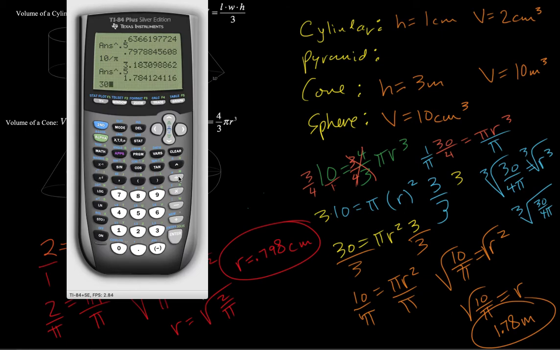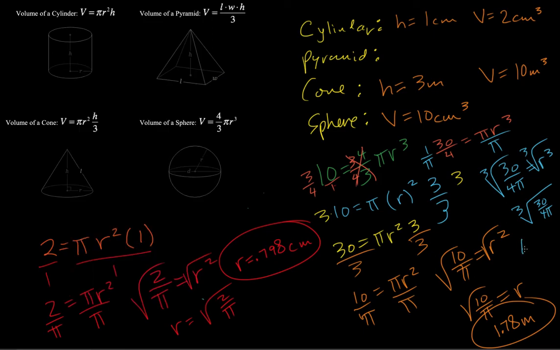So I'm going to do 30 divided by 4 pi. And taking the cube root is the same as raising something to the 1/3 power. And so we get 1.34. And that was measured in centimeters cubed, and so the radius would be centimeters.